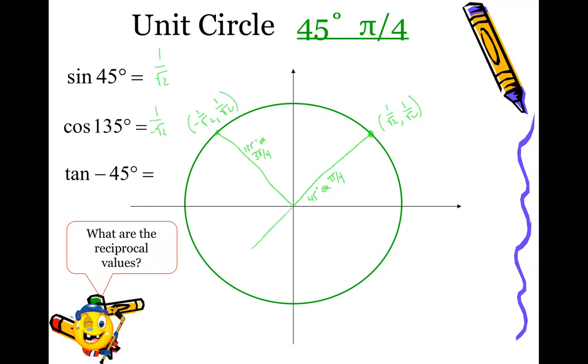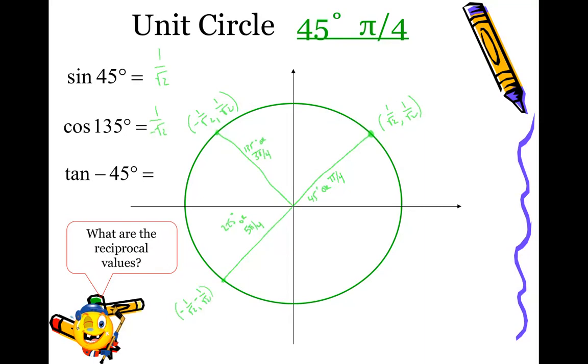In quadrant 3, that's going to be 45 degrees past 180. So think 180 plus 45, that's 5 pi over 4, or 225 degrees. It's going to be negative 1 over root 2, negative 1 over root 2.